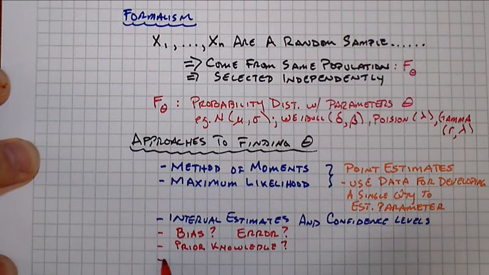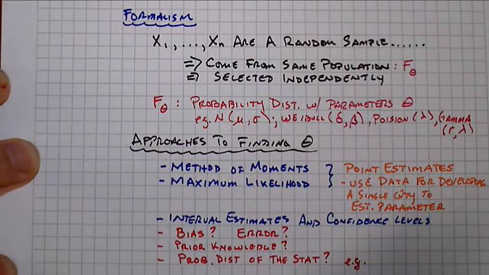And then there's also the question of, well, what's the probability distribution of the statistic itself? For example, up above we had said, well, here's the sample mean, and maybe that population was a normal distribution, or maybe it wasn't, but what's the probability distribution associated with calculating a sample mean? Or what's the probability distribution of calculating a sample variance?